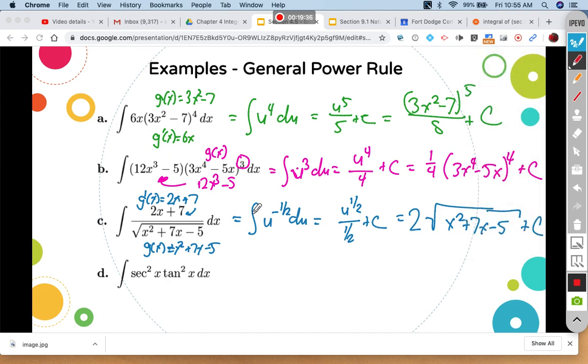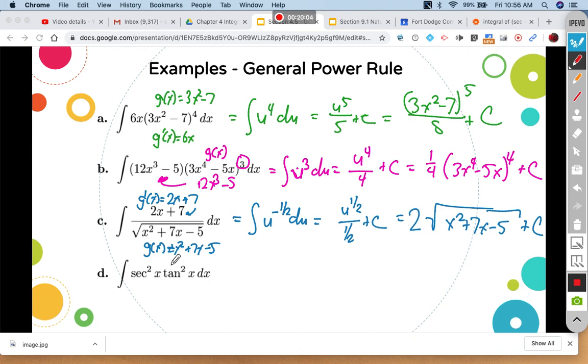Generally, you work through with substitution. Now here we have secant squared and tangent squared. So you have two different functions that are being squared. So you have to start thinking, which one of these is going to be the derivative of the other. The derivative of tangent is secant squared.